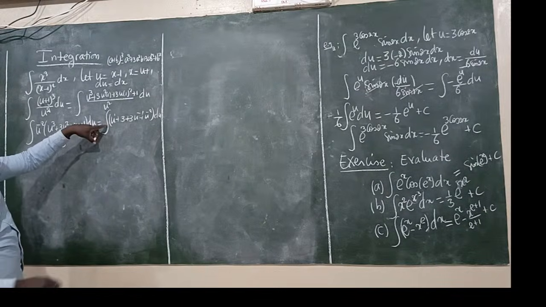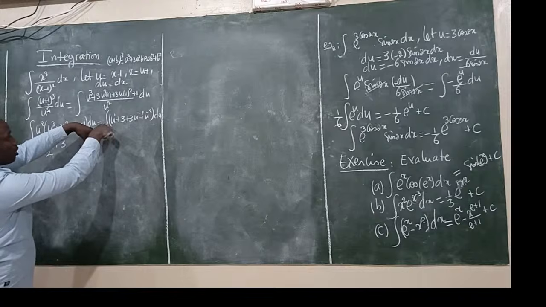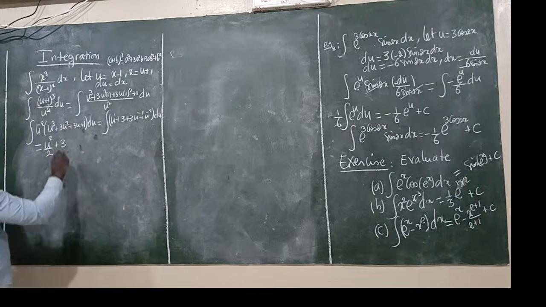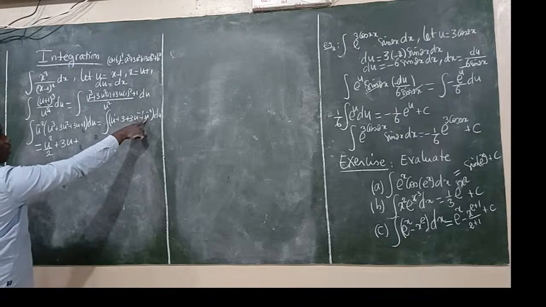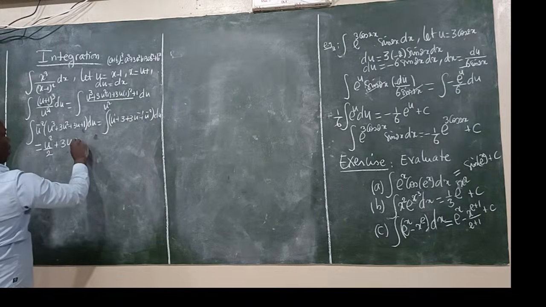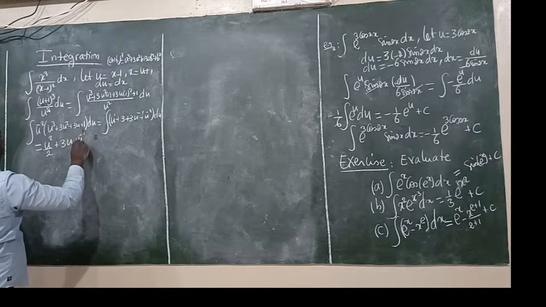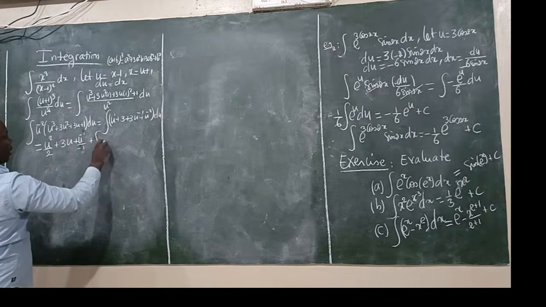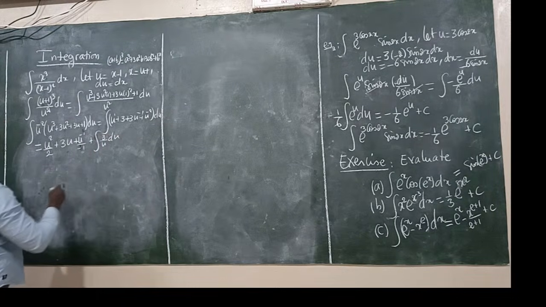Taking the 3 out, with integral and derivative, there will be only 3u, plus, adding 1 here, we have u^(-1) divided by minus 1, plus let me write the integral of 3 by u du.